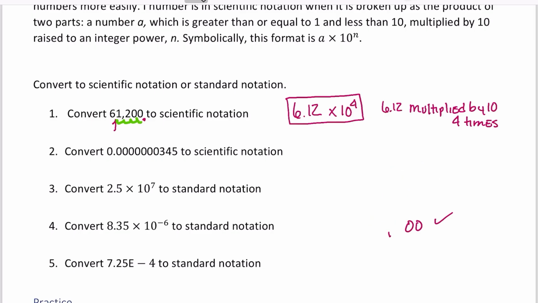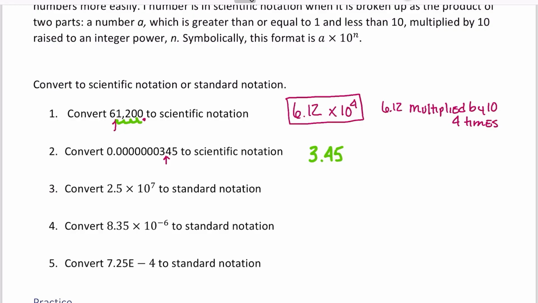We can also divide by 10. This next one is a very small number. The A portion, the number greater than or equal to 1 and less than 10, would be 3.45, so I want my decimal right between the 3 and the 4.